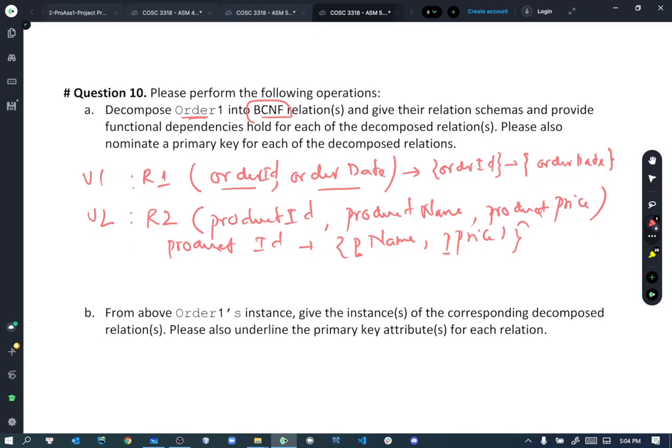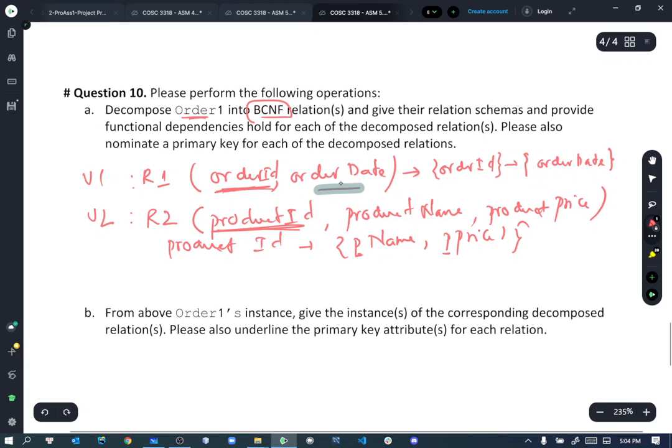Then whenever you split a table, you can nominate a primary key, because order ID now determines everything, and product ID now determines everything inside here because it's a super key. Its closure includes all the attributes in this relation. So this one is now a primary key, and this one is also a primary key. So you underline this and this.